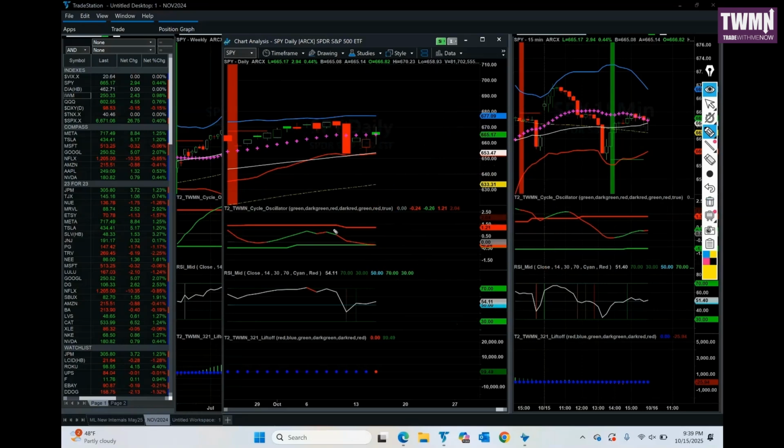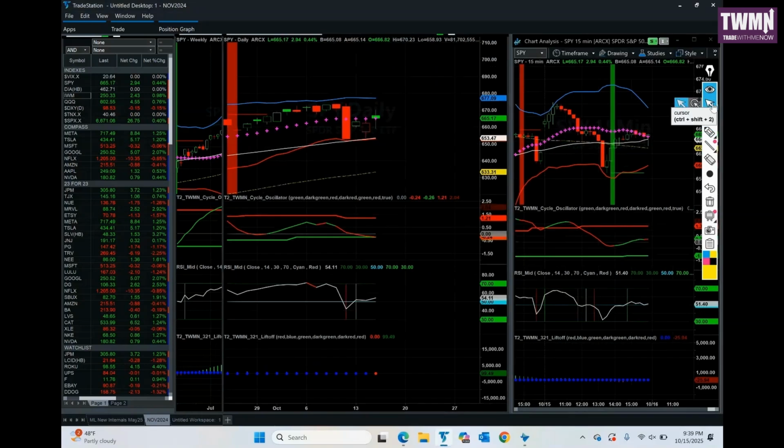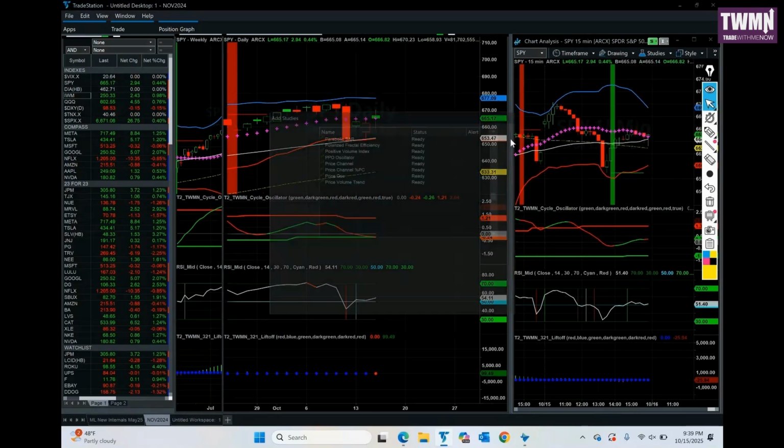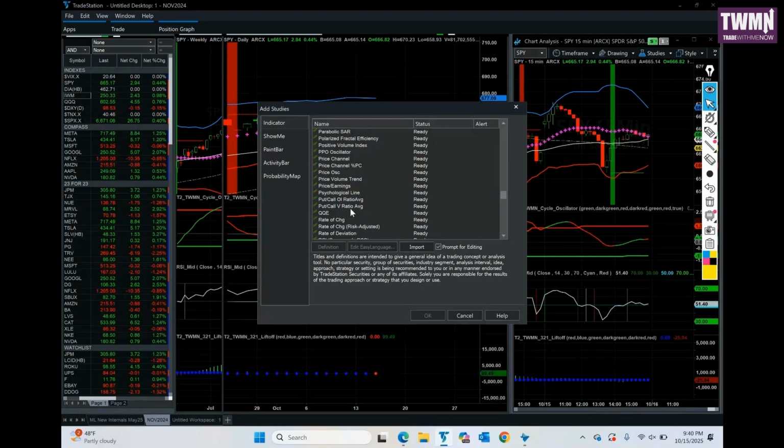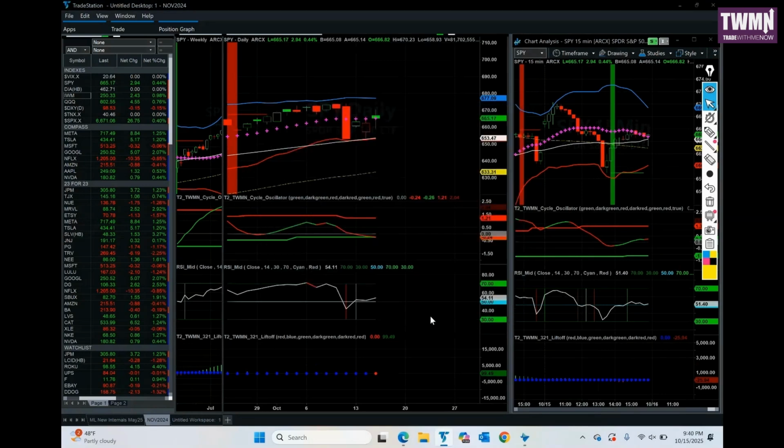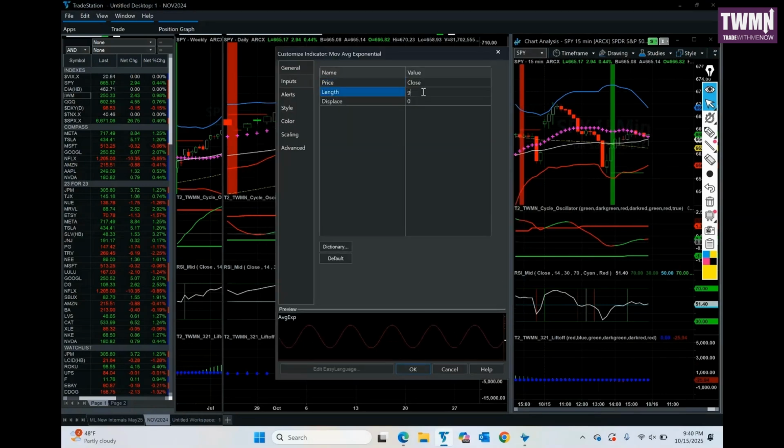So it's best on day trading because when you look at here, I'll throw the 5 on here and you'll see what I mean. So there's the 5. I'll put it in red so you can see it, and then I'll make it thicker.